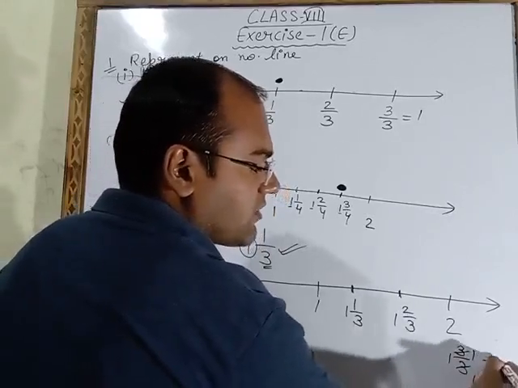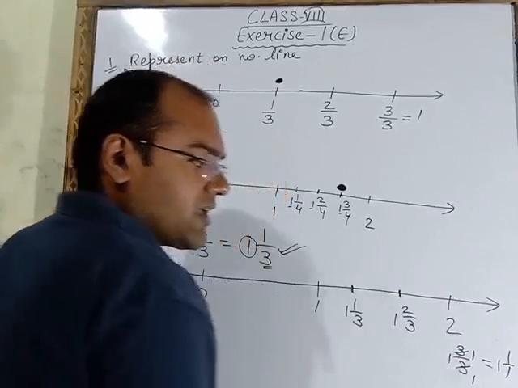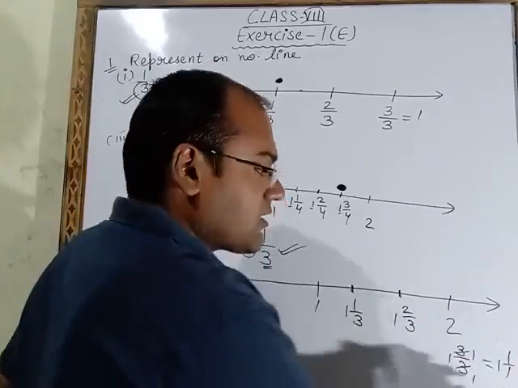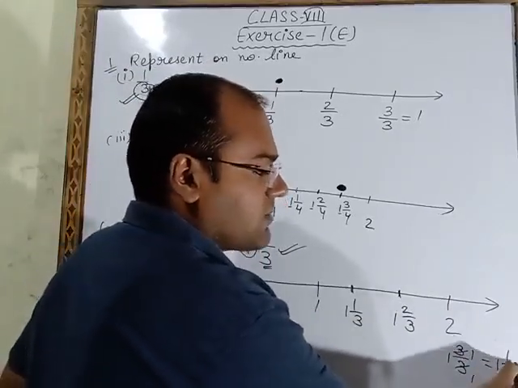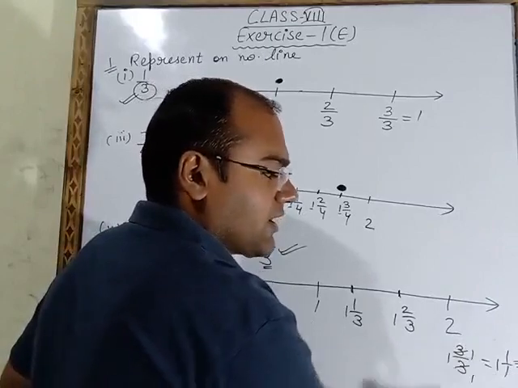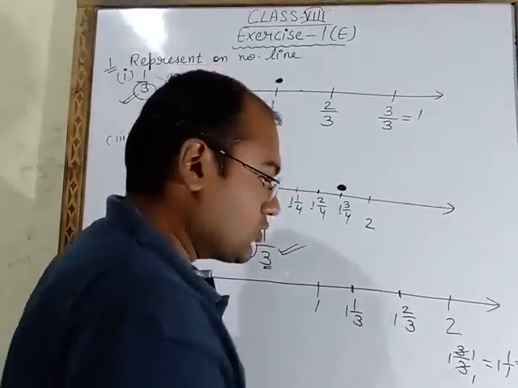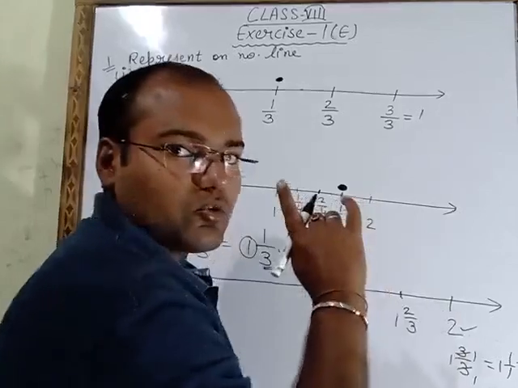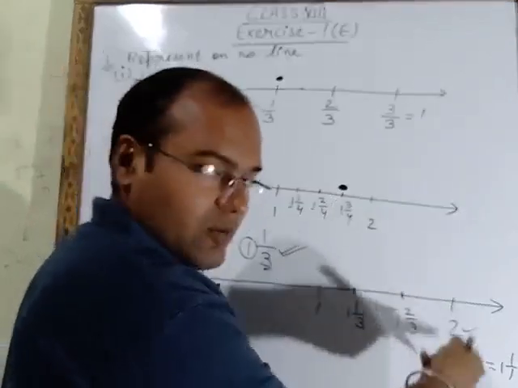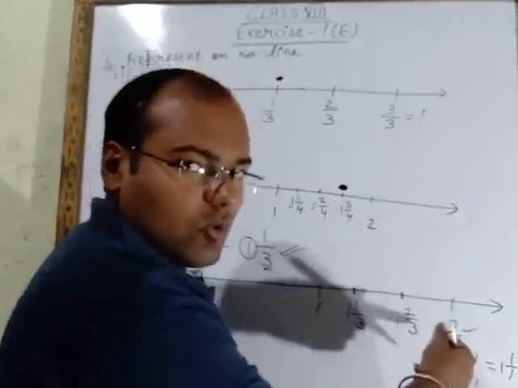So on solving it we get 1 whole 1 upon 1. And when we change in improper, 1 one is 1 plus 1 will be 2 upon 1, and 2 upon 1 answer is 2. That's why it is written here 2. So you can write 1 whole 3 upon 3 also, and you can write 2 also.